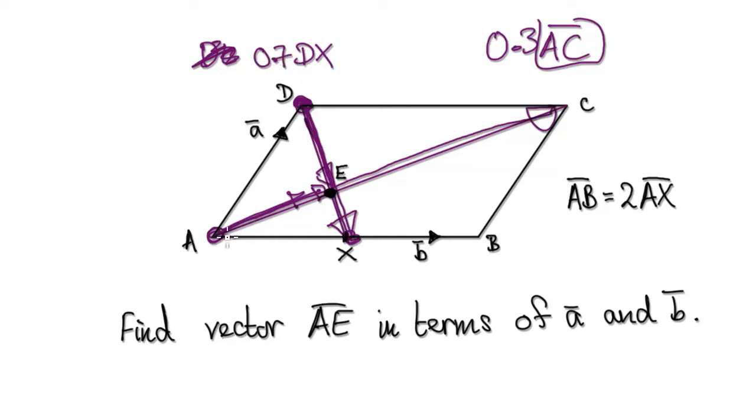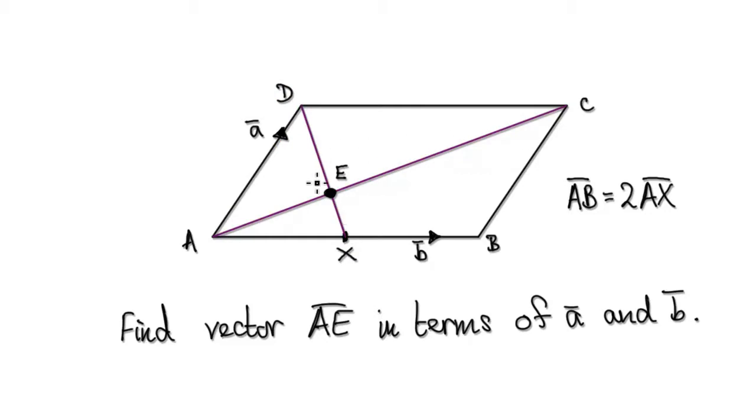So we're going to have two paths. One is going to be, well, AE is going to be this vector here, which would be a, and then you would go down some scalar amount, let's call it plus k, and then the vector DX. So let's start again here. We are going to find two ways to get from A to E. The first is to go up here and then down, which will give us one equation.